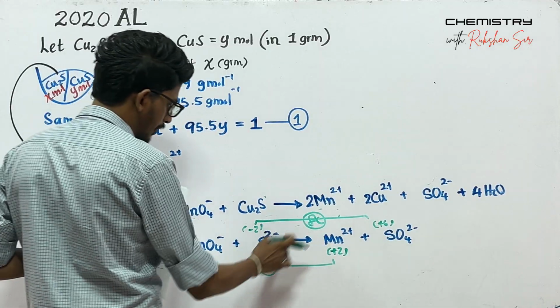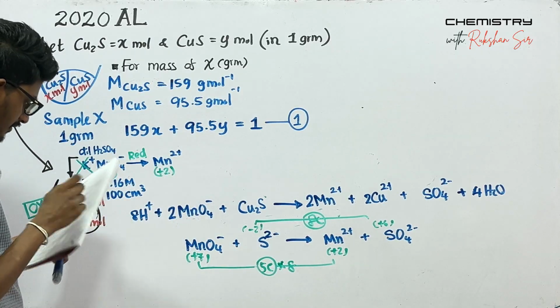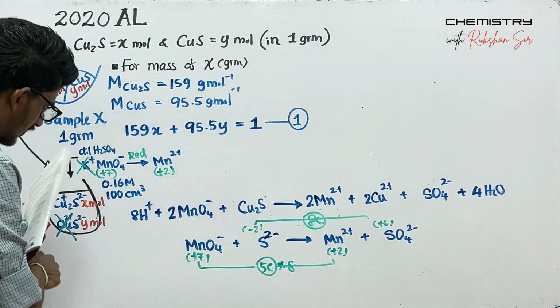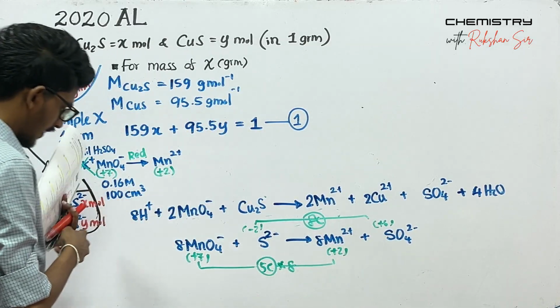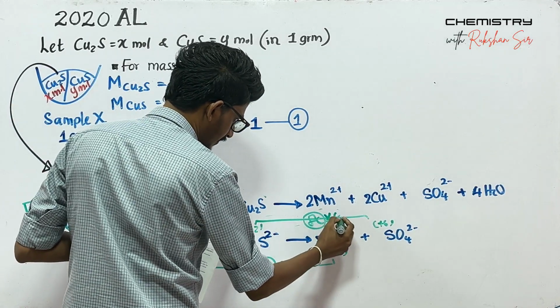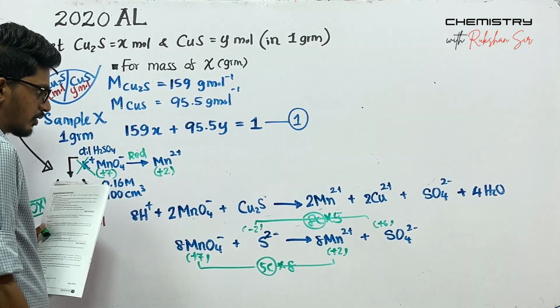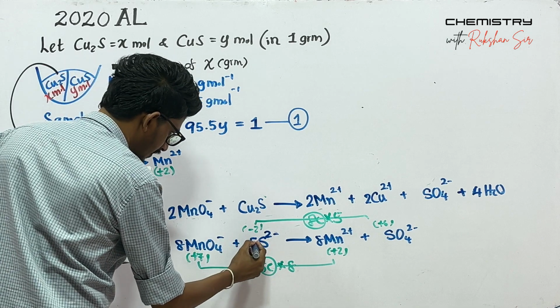Okay, so the least common multiple is 40, so you need to multiply the manganese half with 8, and multiply the sulfur containing half with 5, as the least common multiple is 40, right? So just put 5 here, right?